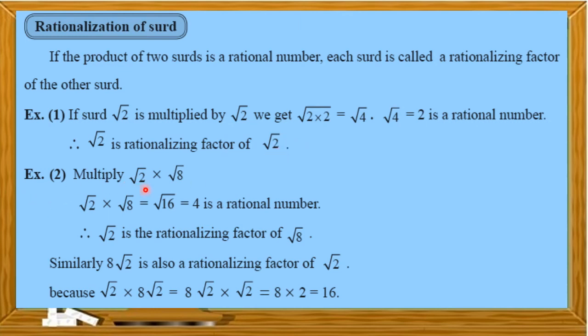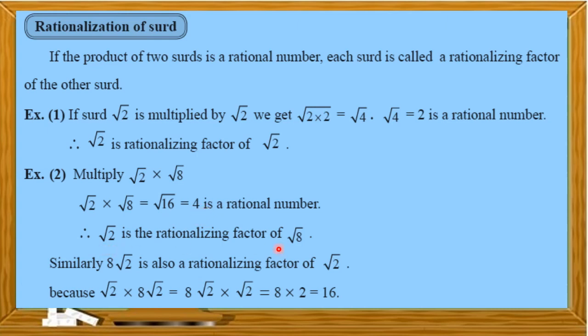Example 2. Multiply root 2 and root 8. Root 2 into root 8 is equal to root 16 is equal to 4, which is a rational number. Therefore, root 2 is the rationalizing factor of root 8. Here, this root 2 is the rationalizing factor of root 8 because after multiplication we get a rational number.